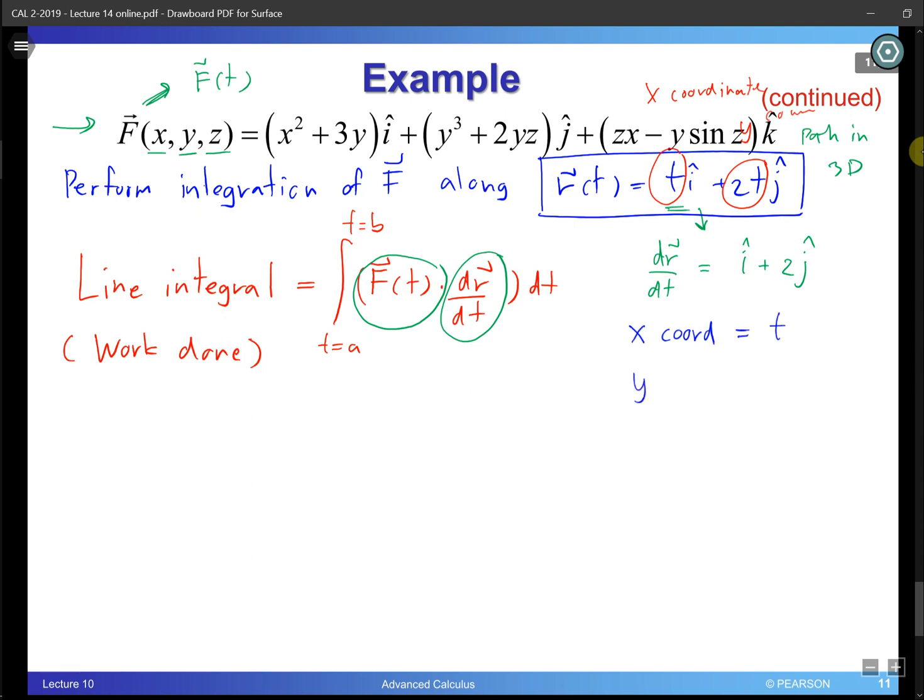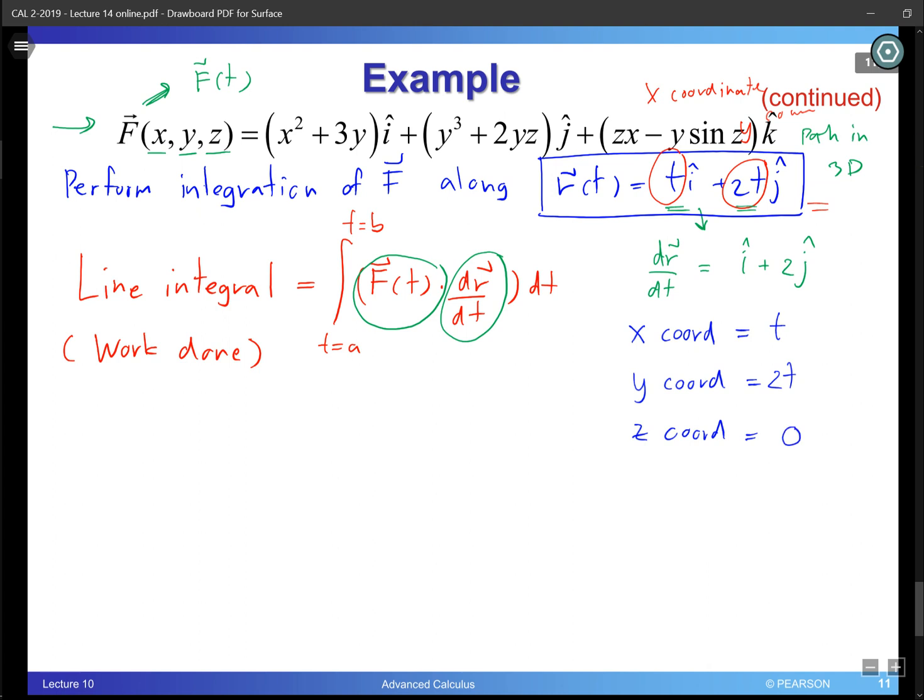The y coordinate along the path is going to be the coefficient in front of the j component, that is 2t. Now the z coordinate is going to be equal to 0 because here we don't have that.